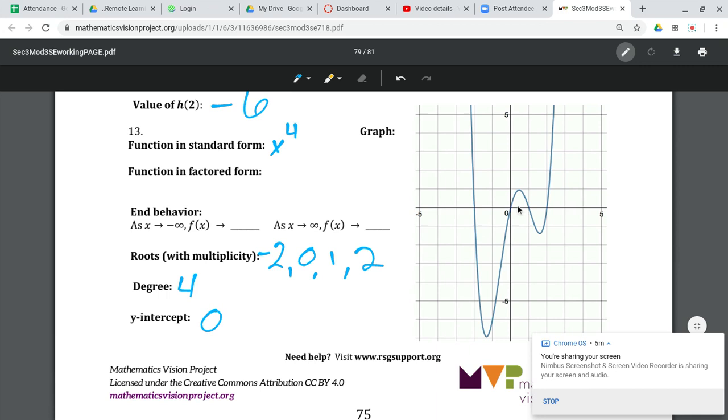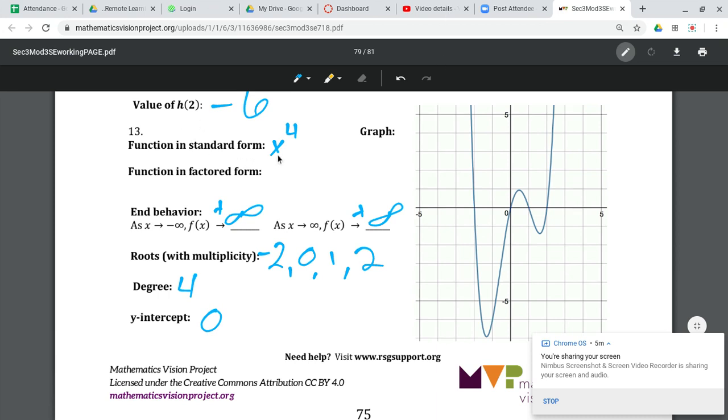As x goes to negative infinity, f of x goes to positive infinity. As x goes to positive infinity, it's also going to positive infinity. Remember, on the even-numbered functions, both ends go the same direction, either both to positive infinity or both to negative infinity. On odd ones, they're going to go opposite.